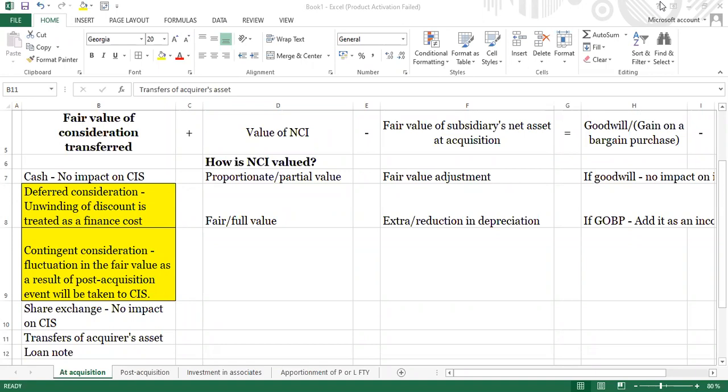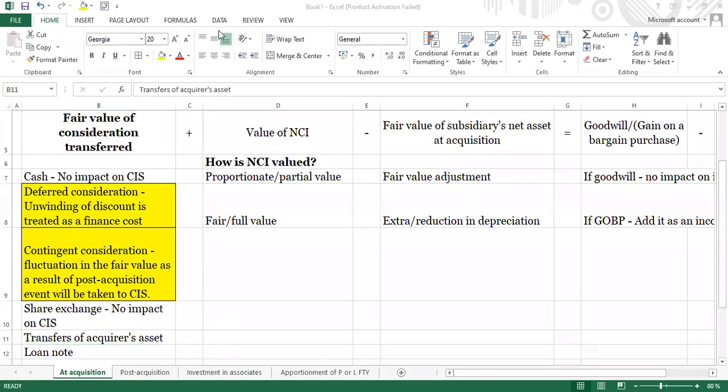Okay. Blessing. Blessing, they've called you. Thank you for answering your name. So these transfers of acquirers' assets, what is it about? Share your knowledge with us. Let's learn from you. I'll call another person.